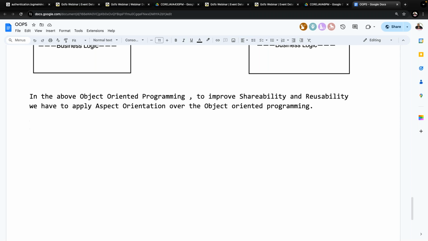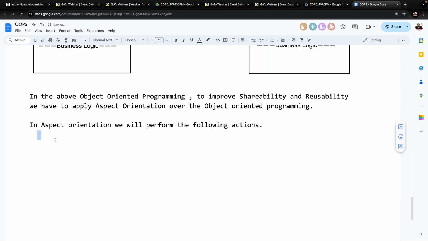What are we going to do in aspect orientation? We are ready to apply aspect orientation, but what will we do in it? Listen carefully. In aspect orientation, we will perform the following actions.